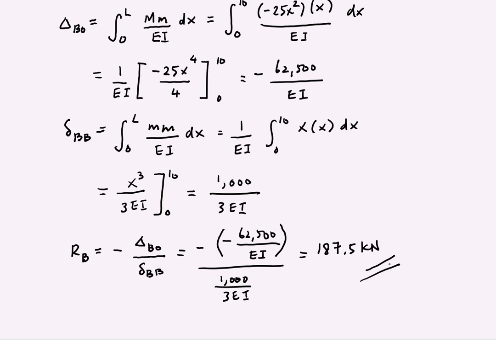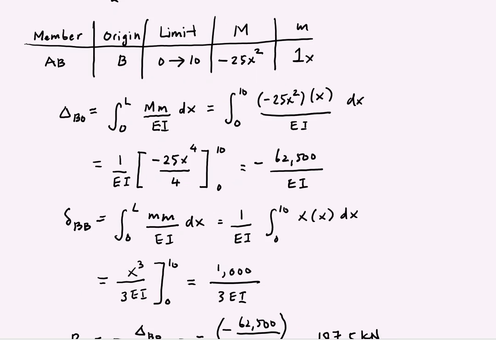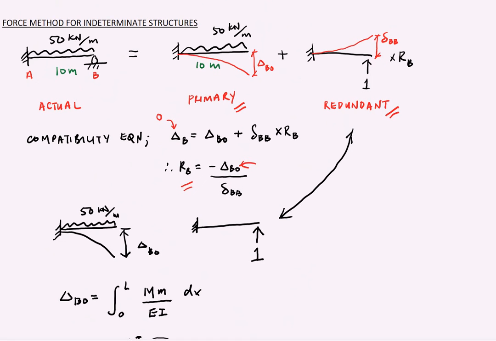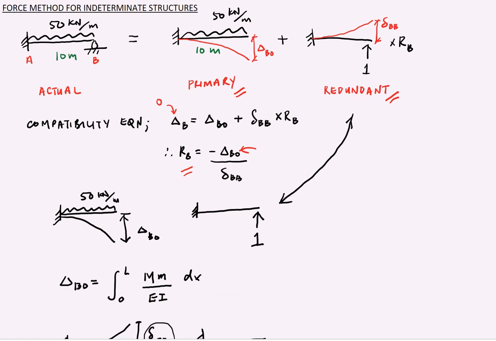Let us scroll up to the original diagram and see what RB was just now. Based on our redundant system, look at my arrow here.